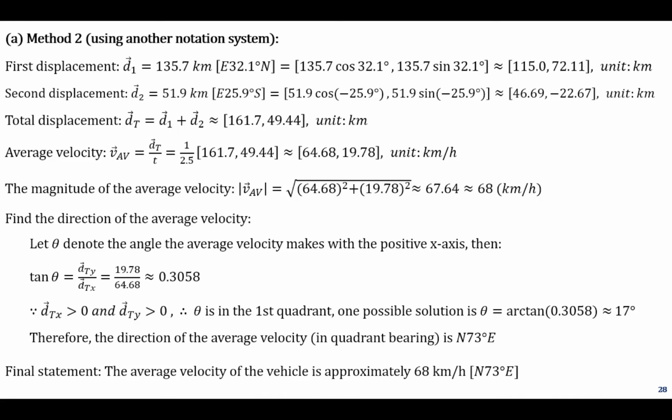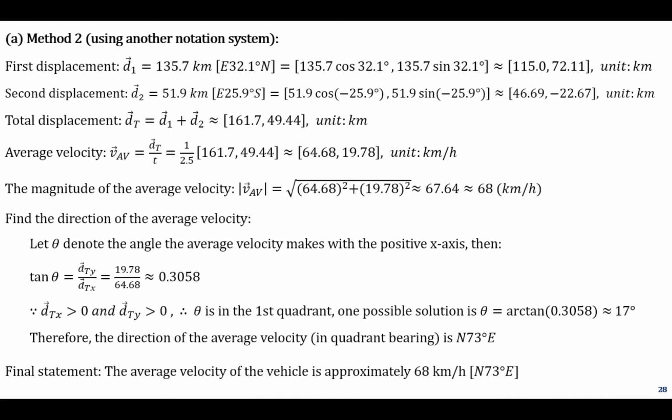So we can use the same method to find the second displacement in Cartesian vector form. So if the direction of the second displacement D2 is 25.9 degrees south of east, then we know the angle D2 makes with the positive x-axis should be negative 25.9 degrees, right? So we can resolve this displacement into x and y directions.